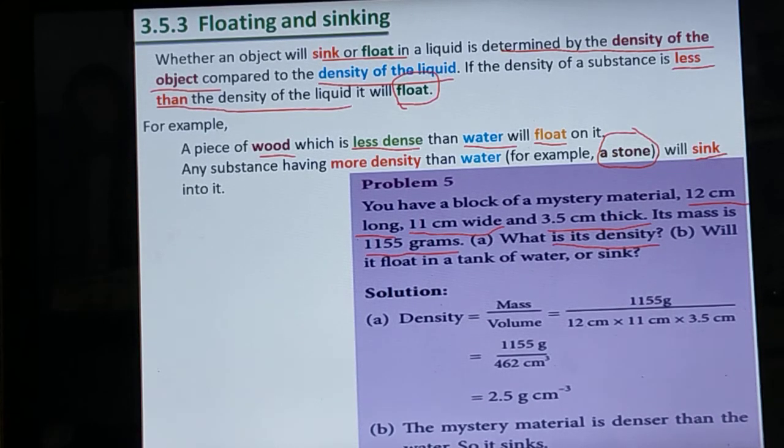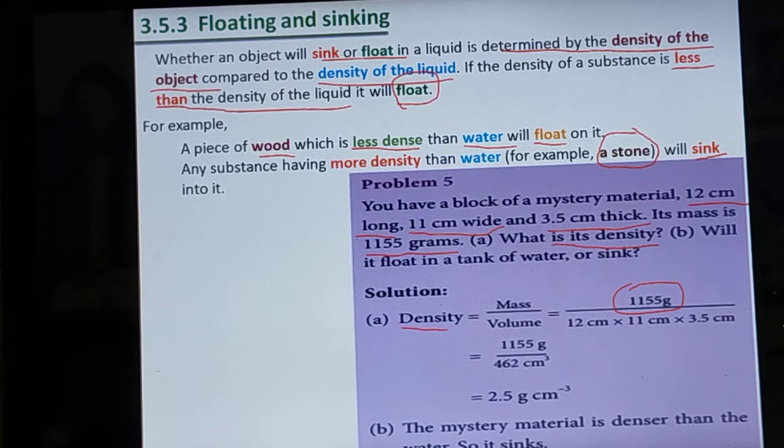Listen. The solution. First we have to find out the density. By the formula, density equals mass by volume. Mass is given as what? 1155 gram. Then how can we measure the volume?